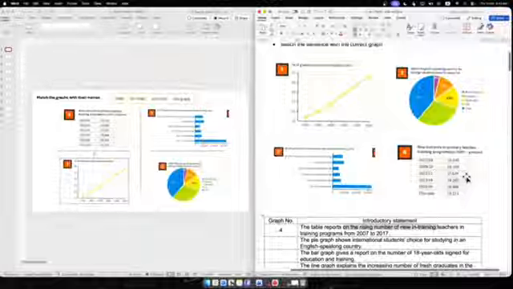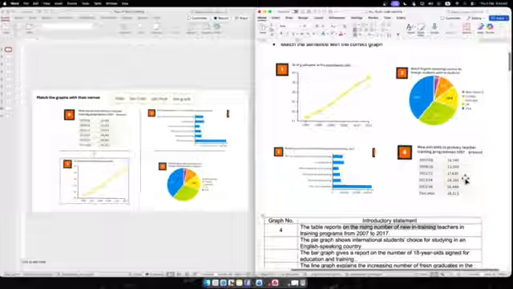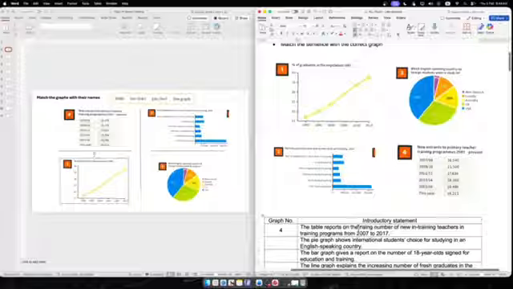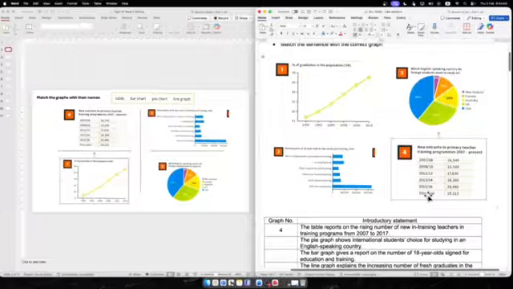But then it increased to 17,600, and then by 1,000 in 2013, and then by approximately 2,000 teachers by 2017, and then it declined a bit by 2019. So generally speaking, the number went up. So the rising number of new in-training teachers. The sentence correctly reports on the trends here.